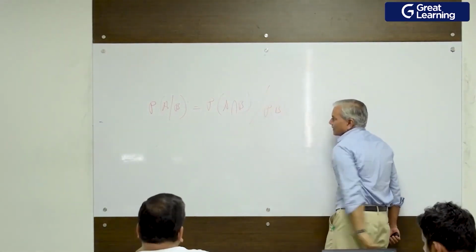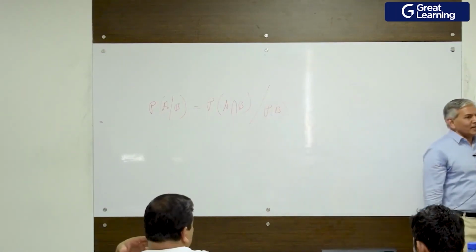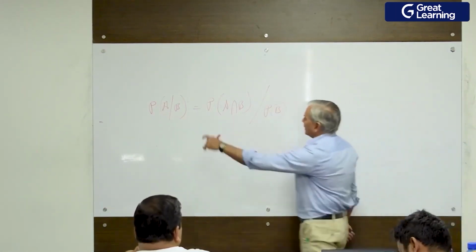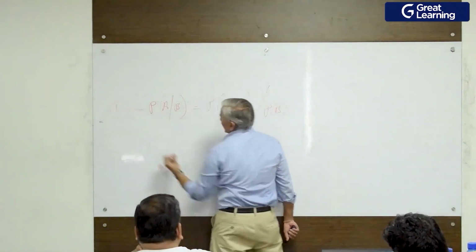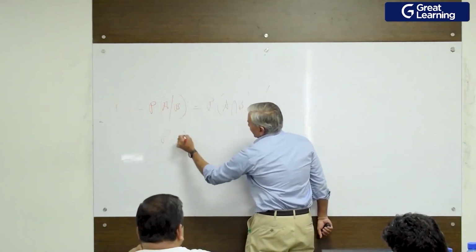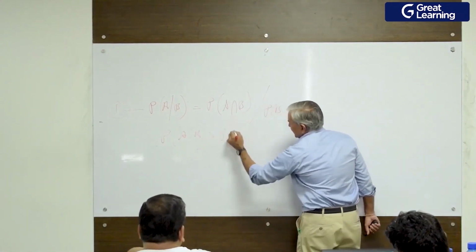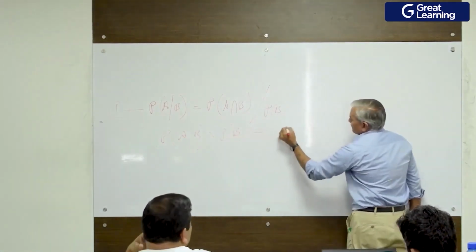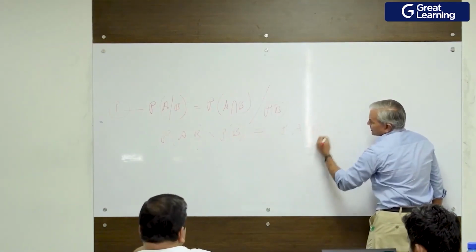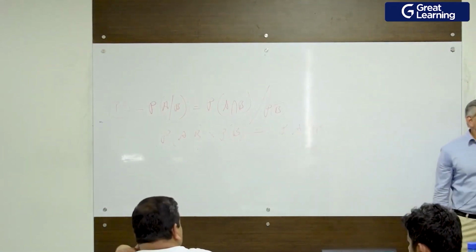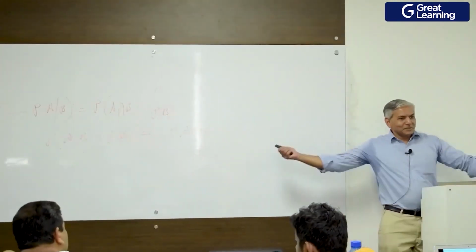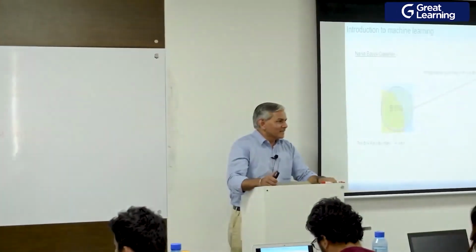All of you okay? Can I rewrite this equation 1 as P(A|B) into P(B) is equal to P(A intersection B)? Can I do this? All of you okay?